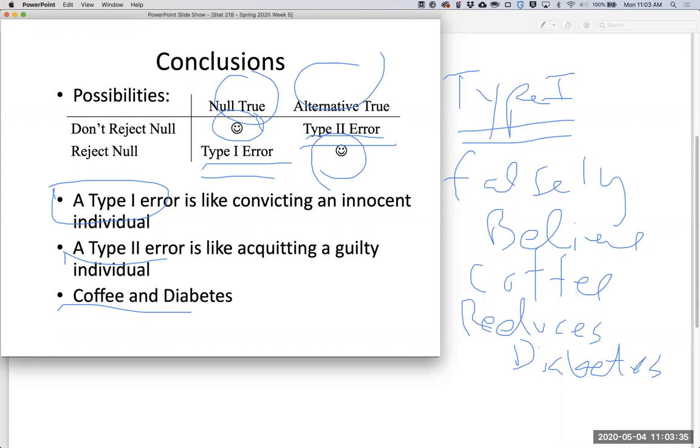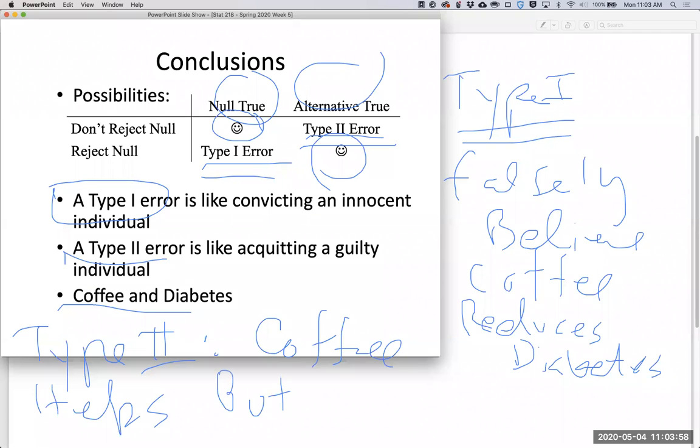Type 2 error. A type 2 error corresponds to, on the other hand, coffee consumption does reduce diabetes, but we can't spot it. So coffee helps, but we don't see it.